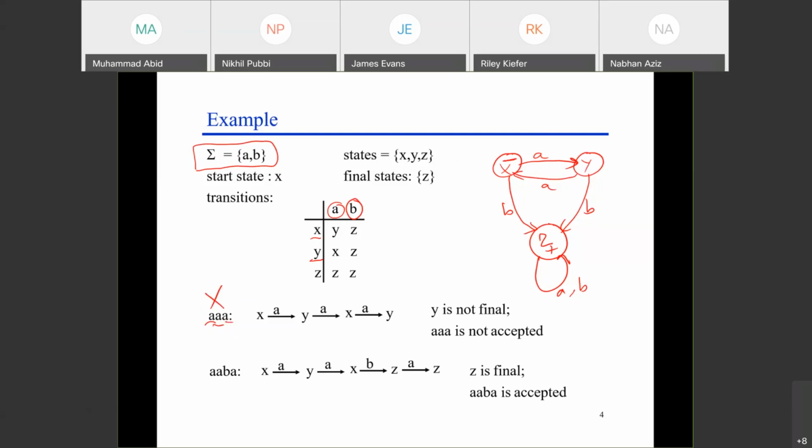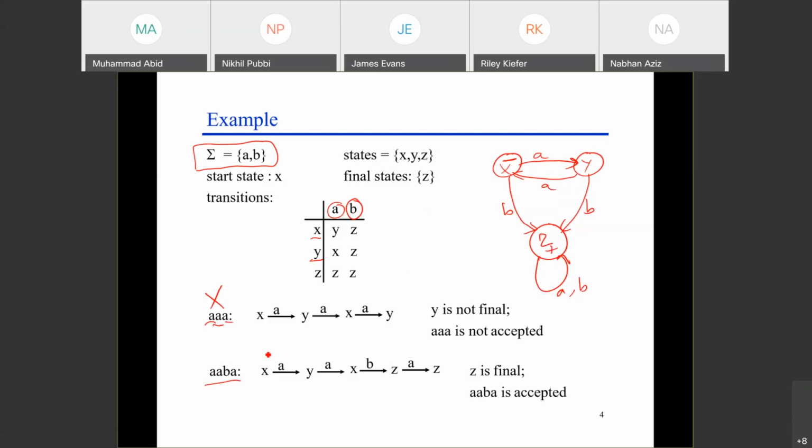Okay. Now let's say we have another word, a a b a. We always start from X. So we are at X and the first letter a takes us to Y. The next input a takes us again to X. Then the third letter is b, and it takes you to Z. Once you reach Z, there is no way you can go back from this state, whatever the letter, either a or b.